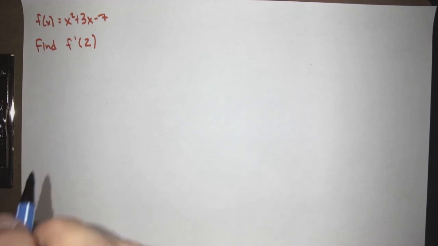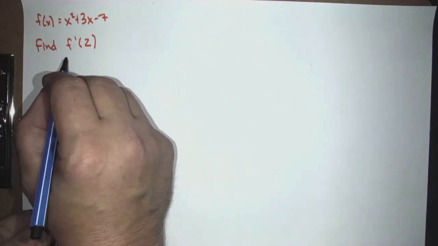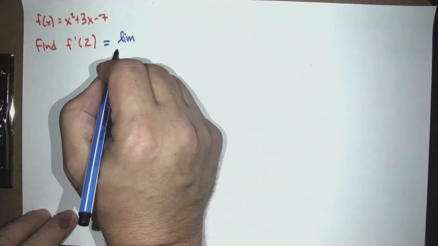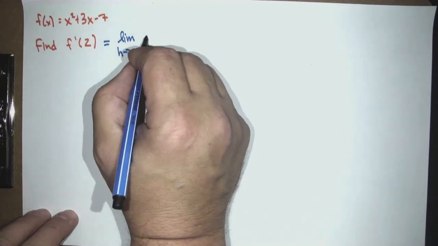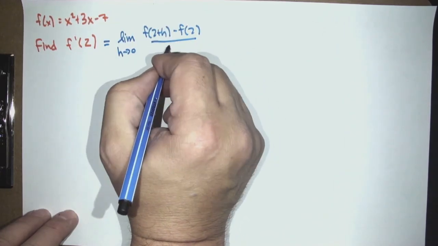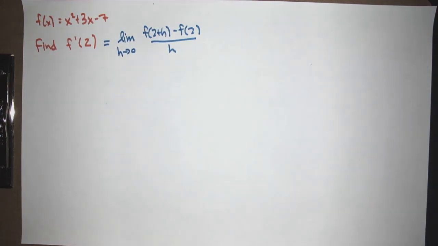Okay, so what do we do? We say, hey, there's a definition. So we pull out our definition. It's the limit as h goes to 0 of f of 2 plus h minus f of 2, over h. So this is just something you know. Now I should tell you, and I didn't say this before class started, but if you grab your handout sheet, you'll see that there are problems on the back from old exams.